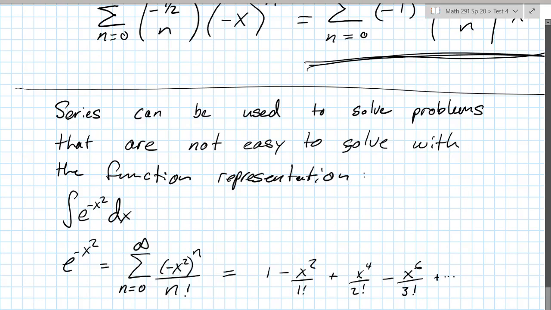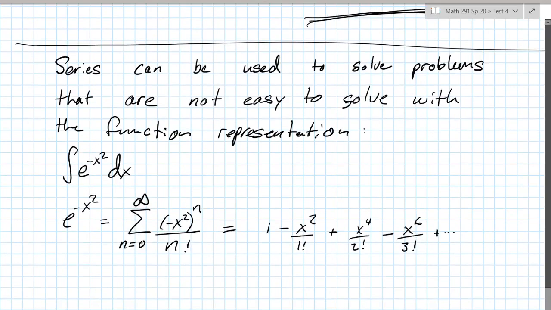So we didn't prove that e to the x is equal to this sum. This sum is the series representation of e to the negative x squared. And we skipped the proof part, and we're not going to do the proof part.